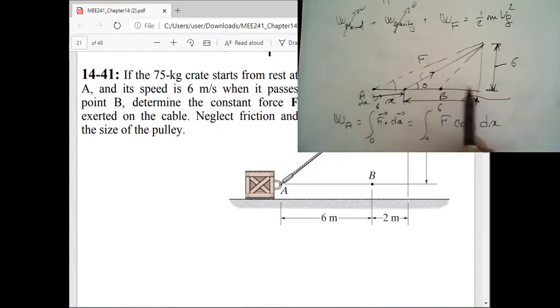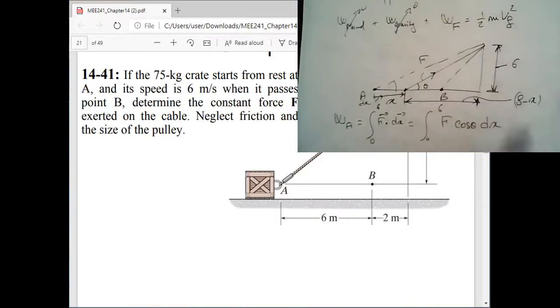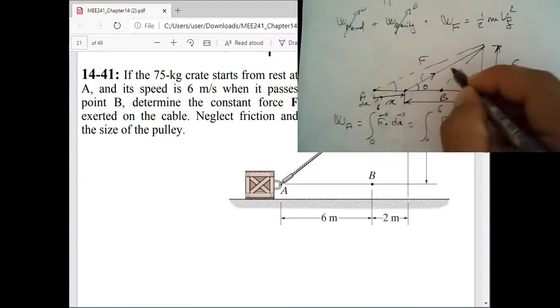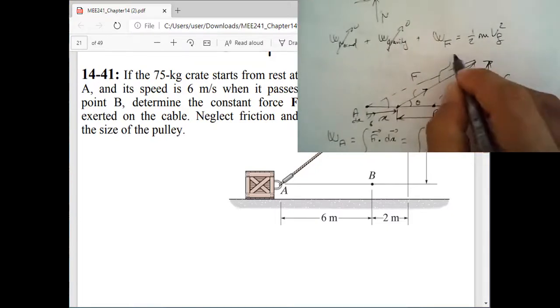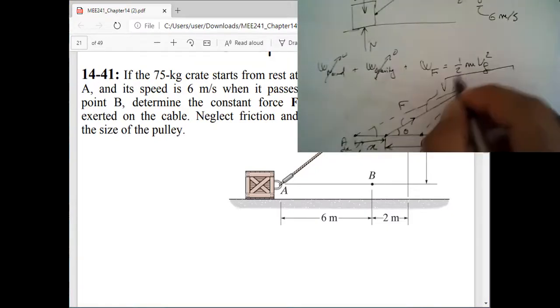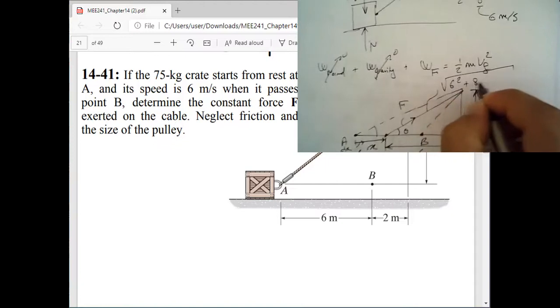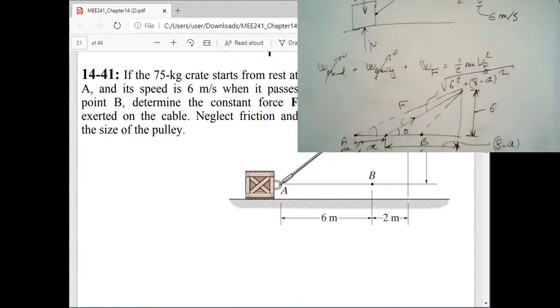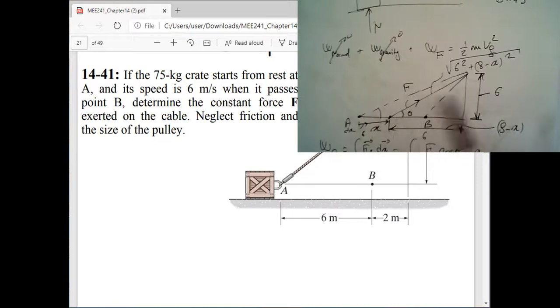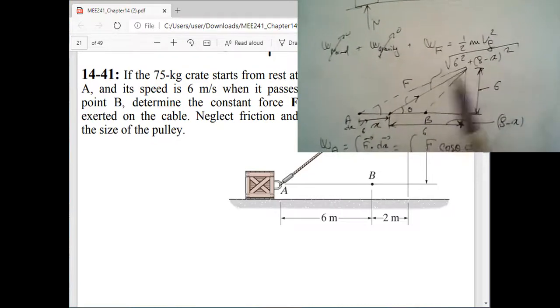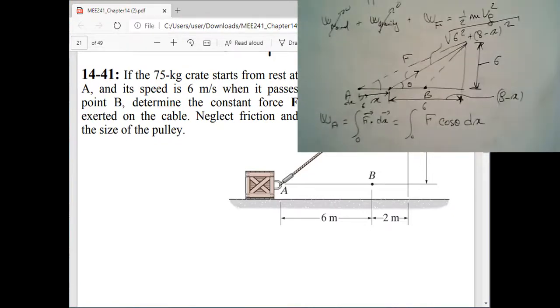We know this whole distance is going to be 8. So you've moved x, and the remaining distance is going to be 8 minus x. So in the diagram I have 8 minus x here, and then I have 6. So this hypotenuse is going to be the square root of 6 squared plus (8 minus x) squared, which is the length of this cable.